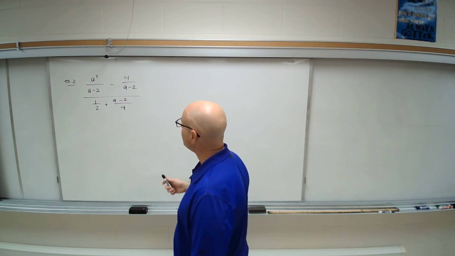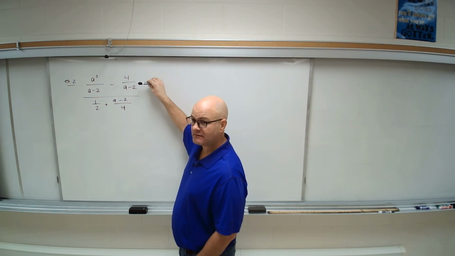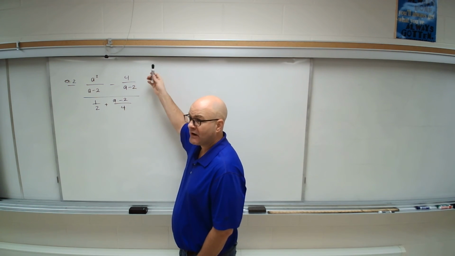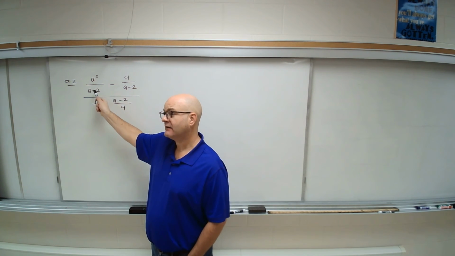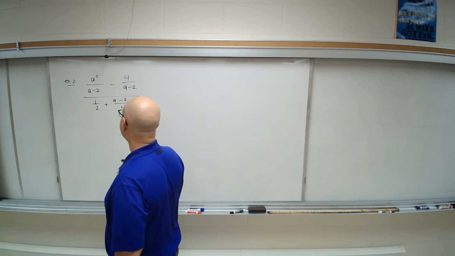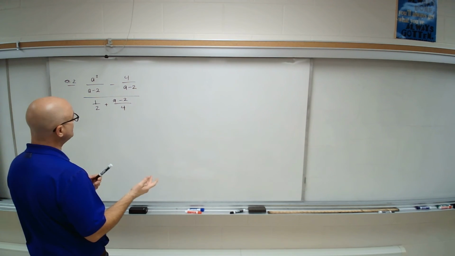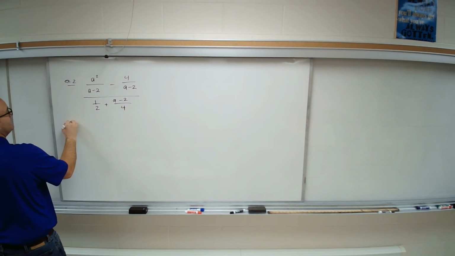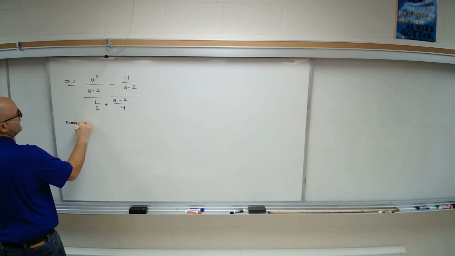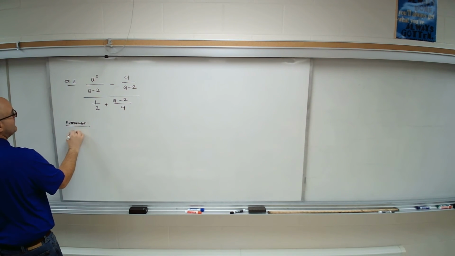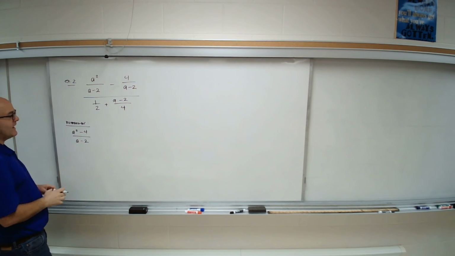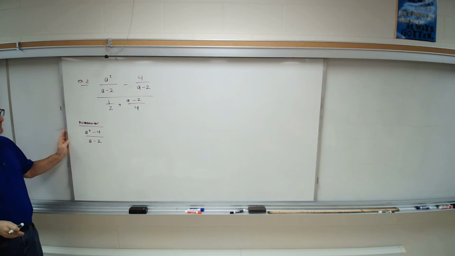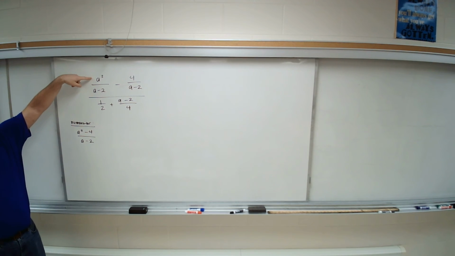So in this case, the numerator already has a common denominator, correct? So for the numerator, maybe I'll write them both out, but the numerator will become a squared minus 4 over a minus 2. Is that good as we subtract these together?